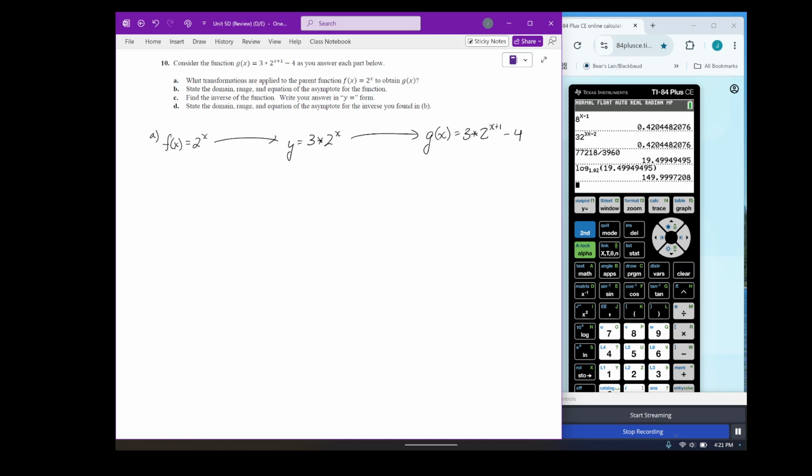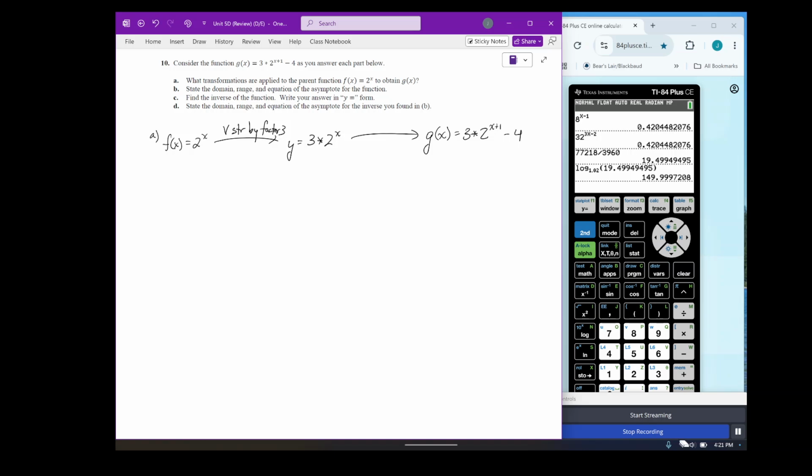And so the first transformation we have to do is multiplying that thing by 3. So that's taking the original y's and just tripling them. And so that's a vertical stretch by factor 3. So that's the transformation we're doing. And then in the second step here, that's where that plus 1 and minus 4 come in.